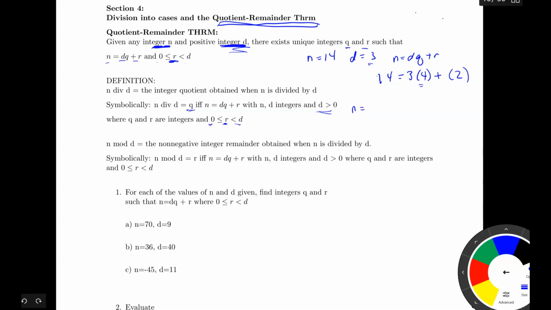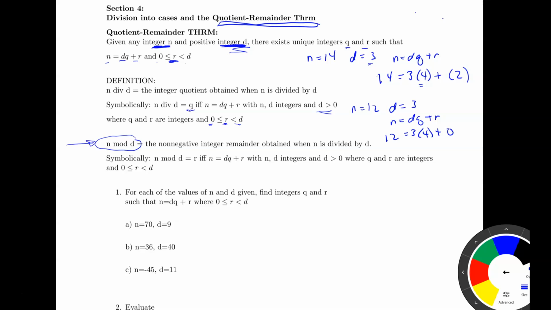So if my n was 12 and my d was 3, filling in n equals dq plus r, 12 is equal to, think about it, q would be 4 and remainder would be 0, right? Because d divides n.